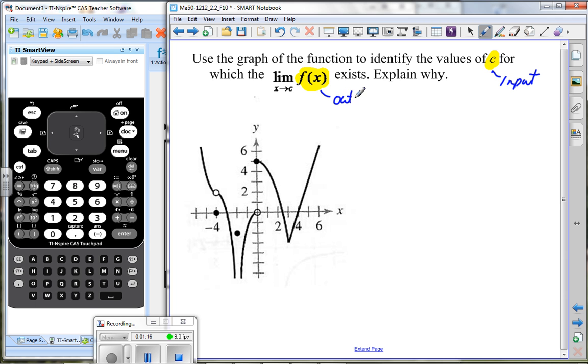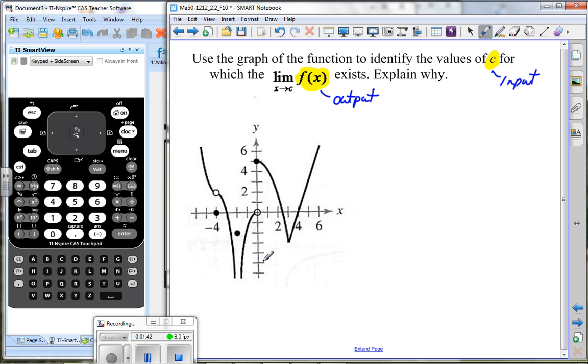Okay, so we're saying that as we move the input values closer and closer to that value C, we want to know for which input values of C does the limit of the outputs exist? Is there a limit? We're going to move the inputs and we want to know what happens to the outputs. Are they going anywhere in particular? Does that limit exist?